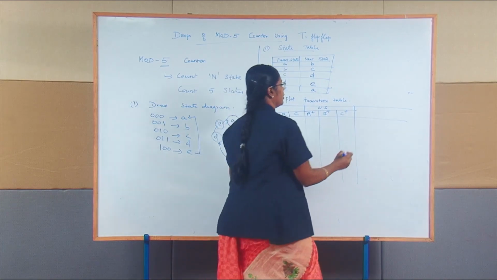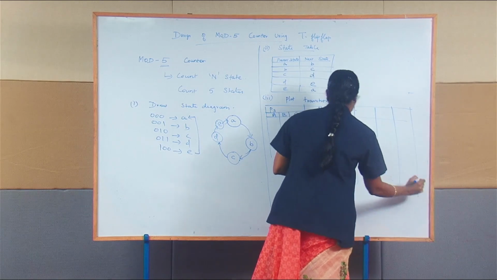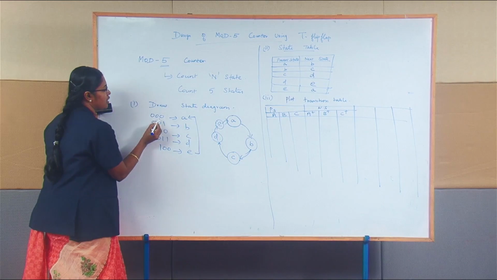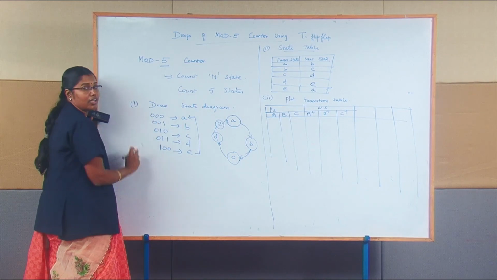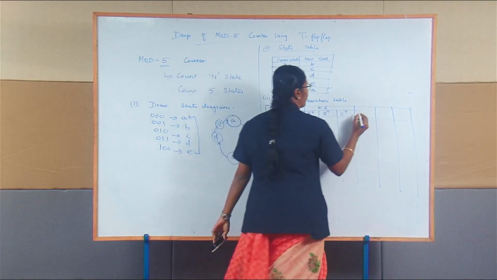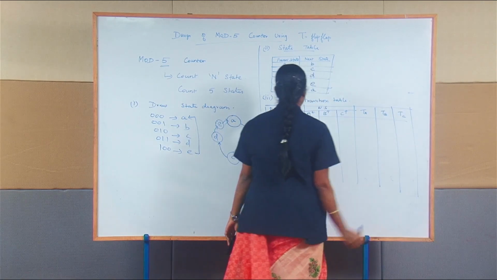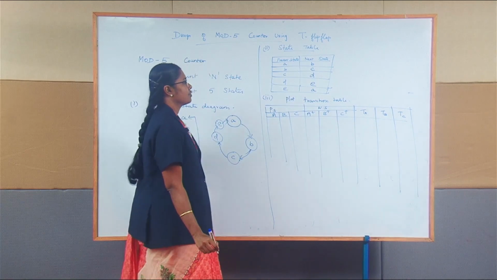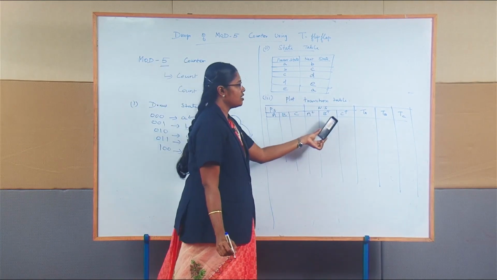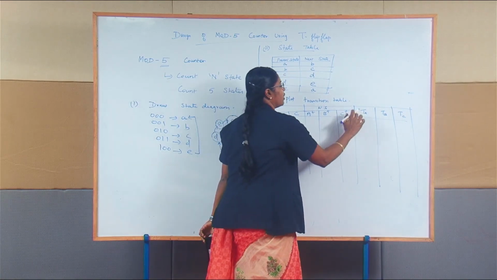And here I am going to use the T flip-flop. Since for the states I have assigned 3 bits, for each bit I need a flip-flop. So I am naming the flip-flops as TA, TB and TC. This is the present state, this is the next state, and here I need to write the flip-flop inputs.